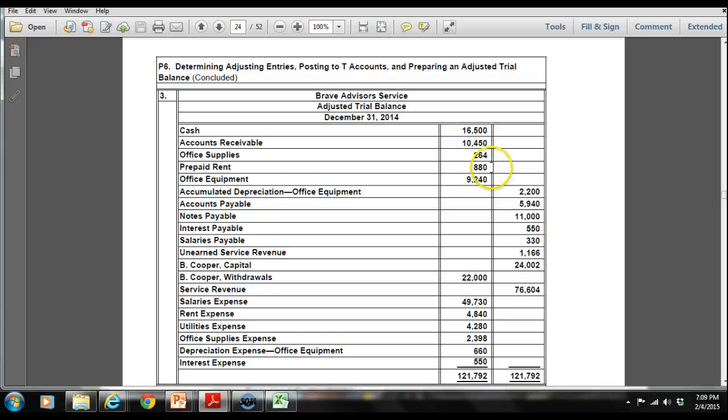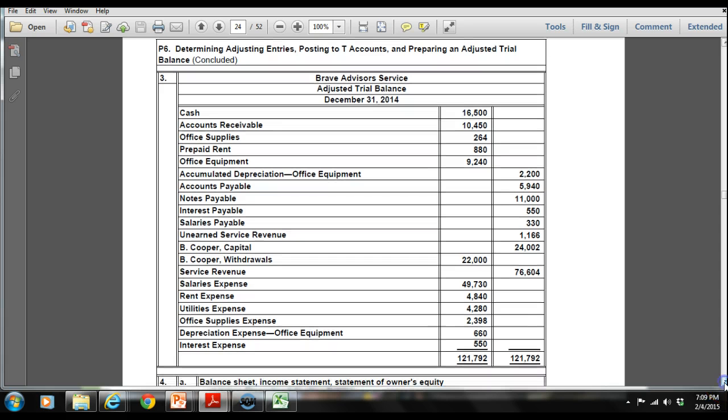If it's a liability or a contra account or service revenues or capital accounts, we're going to credit them. We're just going to transfer it exactly as it needs to be. And we should in the end see that our debits of $121,792 are always going to equal our credits of $121,792. Okay? Does that make sense?